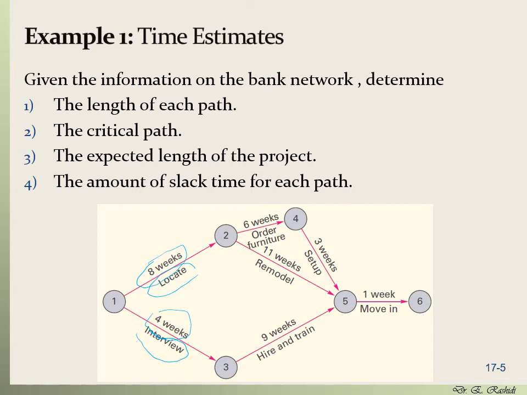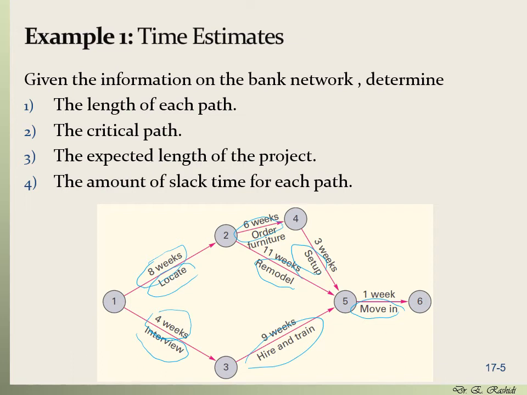It's going to take 4 weeks by our estimation, and then remodeling, ordering furniture, set up, hire and train, and then move in. These are all the activities that we need to complete, with the time estimations given on the activity on arrows AOA network diagram here, for building a new department for a bank.